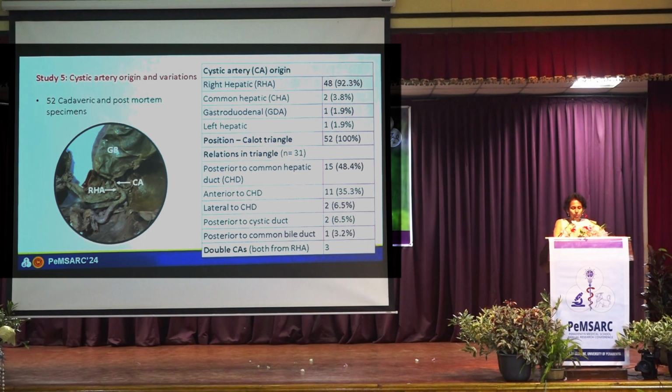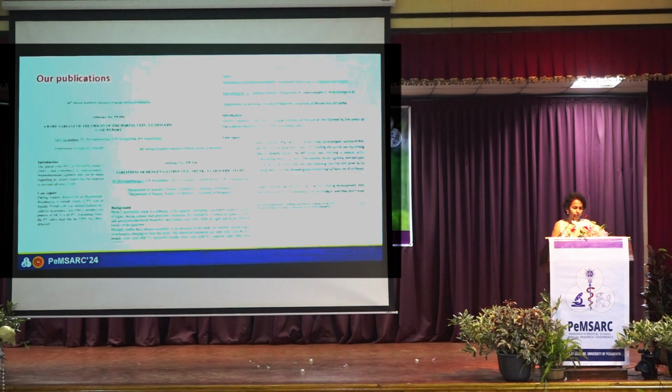Almost all the cystic arteries were positioned in Calot's triangle, where in 31 specimens we were able to get the relations with the hepatic ducts. In 15 specimens out of 31, the cystic artery was positioned posterior to the common hepatic duct.